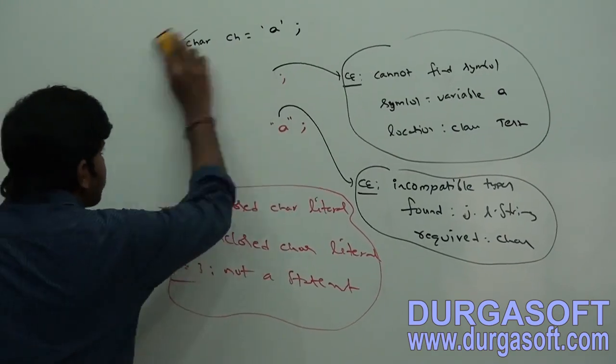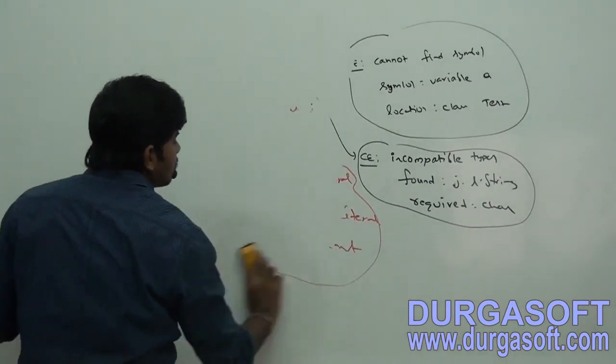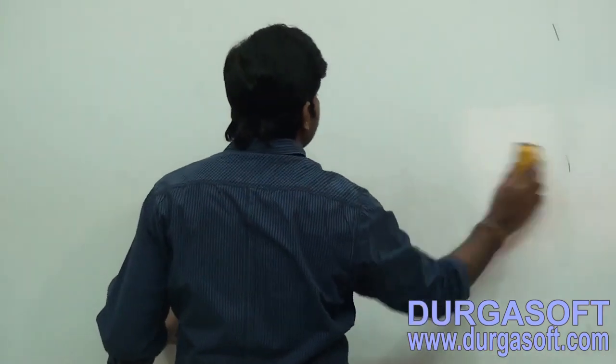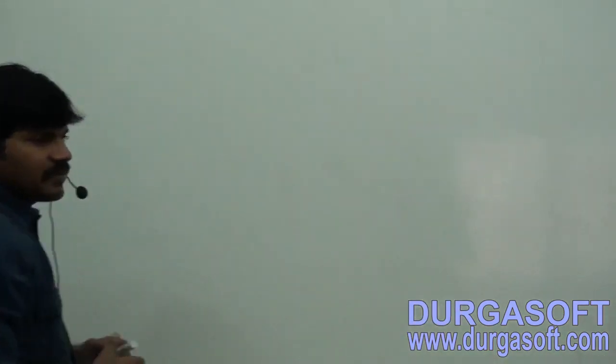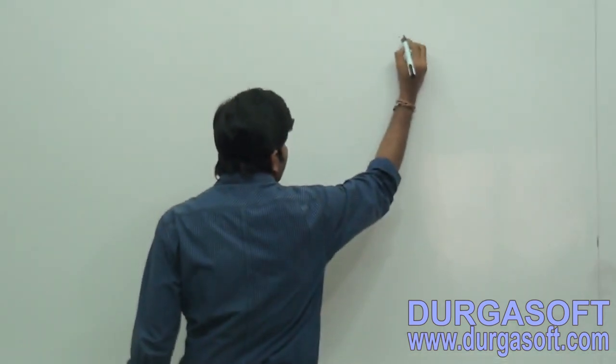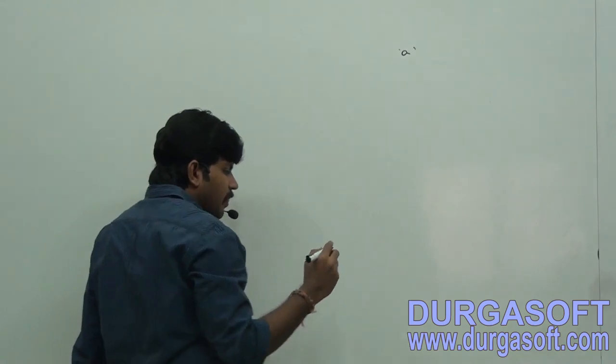Now the second way. What is that second way? Observe, for every character a corresponding Unicode value is there. Correct or not? The best example: for 'a' what is the corresponding Unicode value? 97.